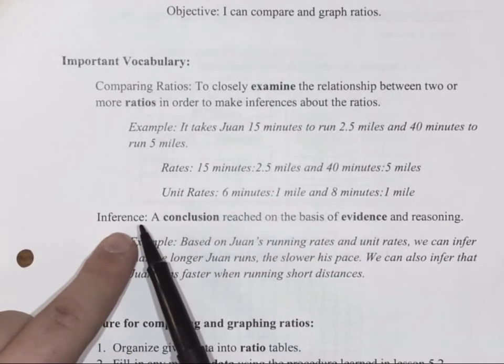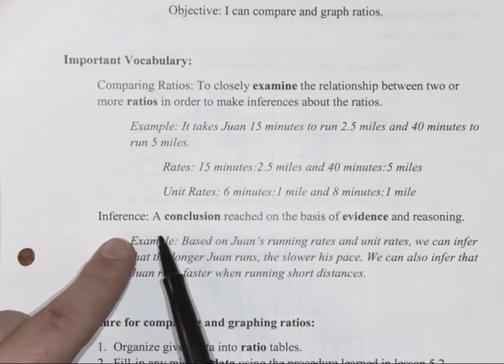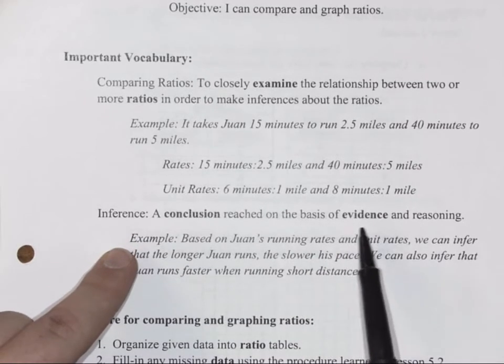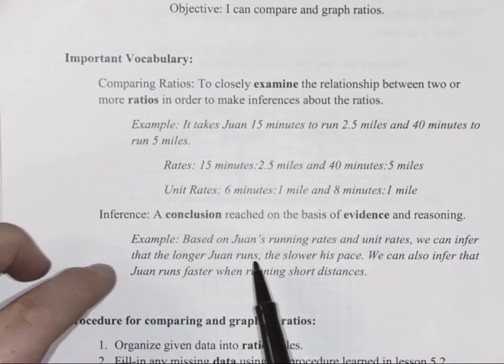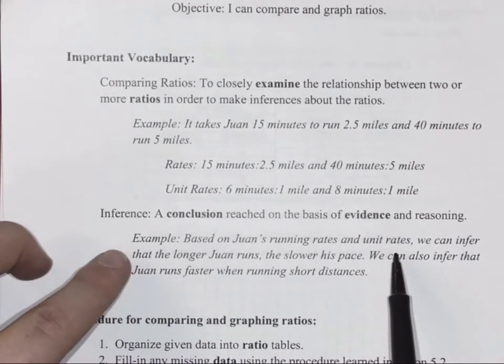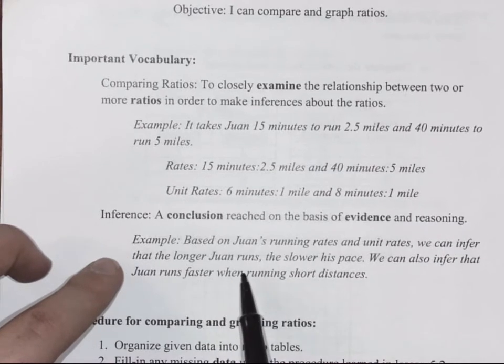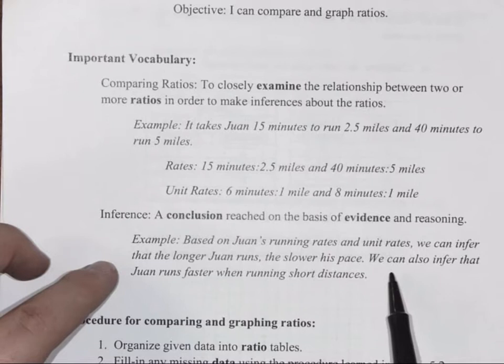Okay, what does it mean to make an inference? Well, in language arts, I'm sure you've talked about inferences before. An inference is a conclusion that is reached on the basis of evidence and reasoning. So, for example, based on Juan's running rates and unit rate up above, we can infer that the longer Juan runs, the slower his pace is.